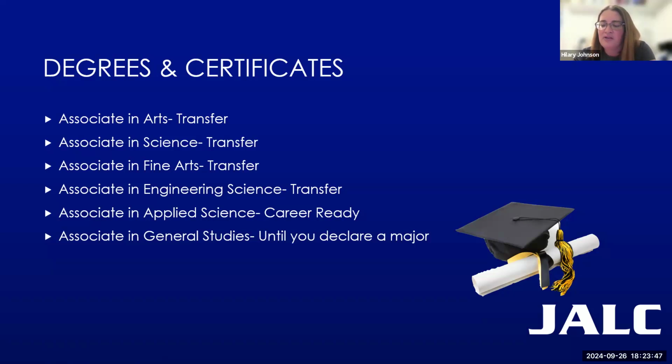So part of my goal is to help students finish their degree with us and transition directly into the workforce with an AAS, Associate in Applied Science degree, or a certificate that we offer as well. Or transfer to a four-year university seamlessly to complete your bachelor's with an AA or an associate in science or the fine arts or engineering. So April, you can go to the next one.